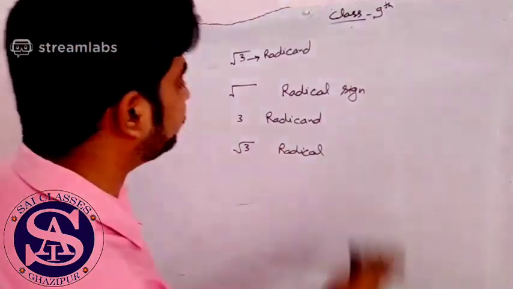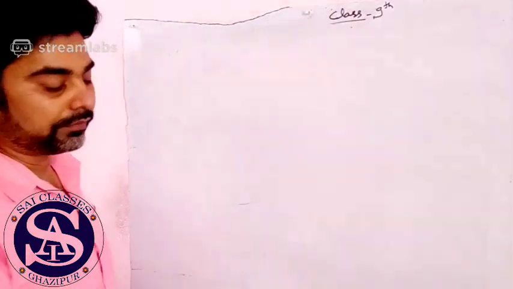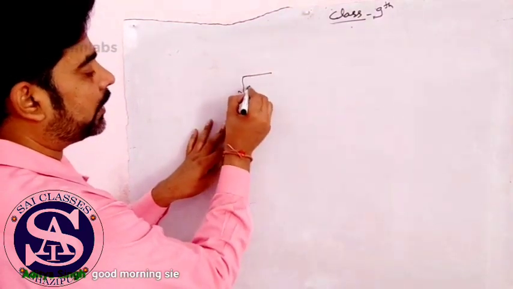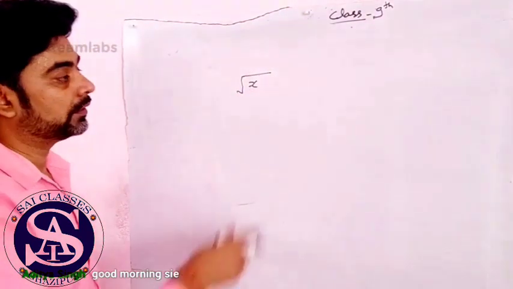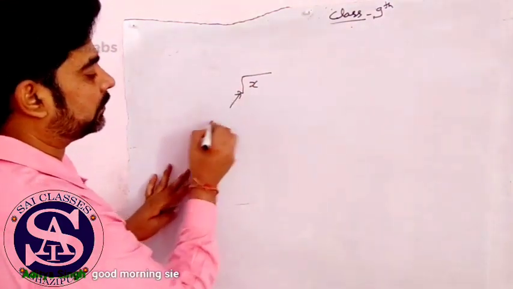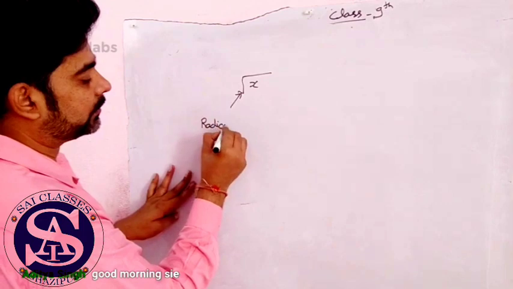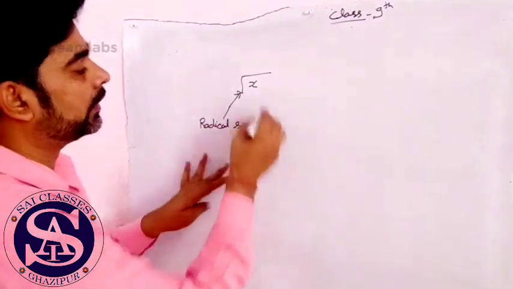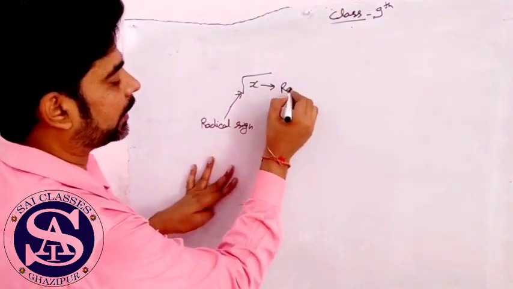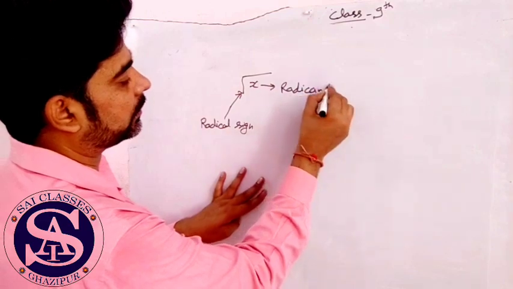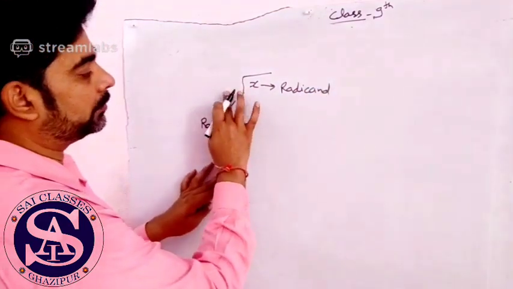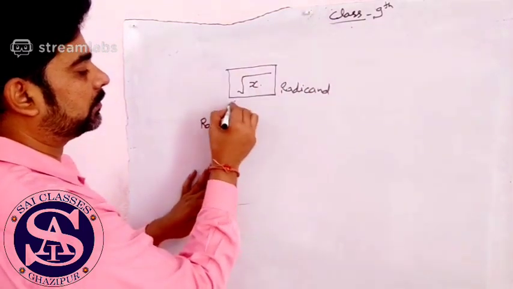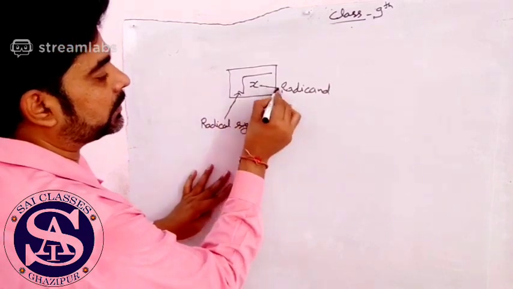Let's take another example. If I write the square root of x, then this is the radical sign, and this is known as the radicand.